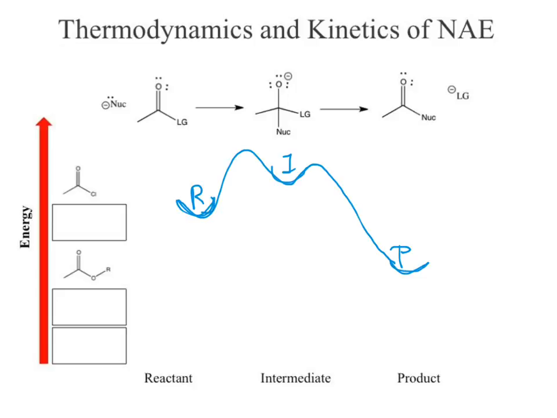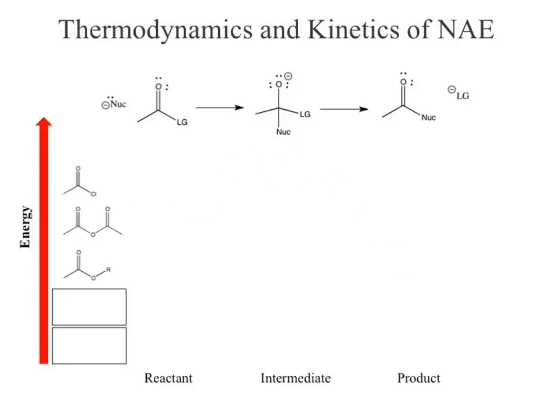So in each of these reactions, we could pick pretty much any of these starting compounds and look at how that would affect our reaction. For instance, if we jumped all the way to the very bottom, we are already at an incredibly stable species. If I then look at the intermediate, it's again roughly the same energy. My product's going to be roughly the same energy.